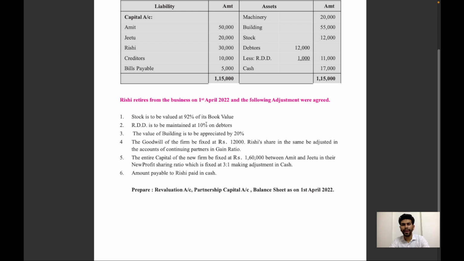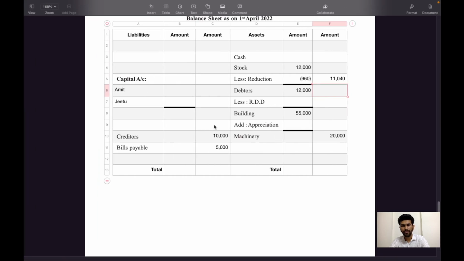RDD is to be maintained at 10% on debtors. So 12,000 into 10%, 1,200 will be reduced and the balancing figure of 10,800 will be in the outer column.